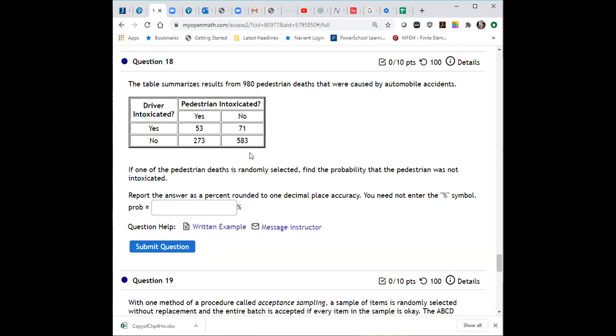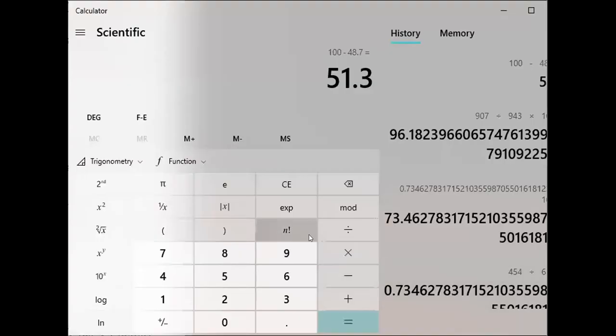I think you need to use the calculator. Okay, let me go to the calculator. Remember 71 plus 583 divided by 980. So you have 71 plus 583.